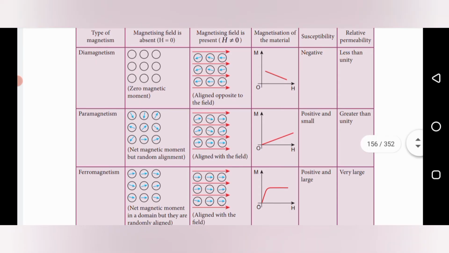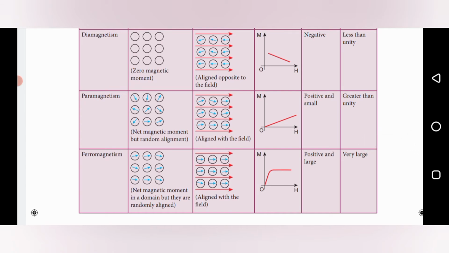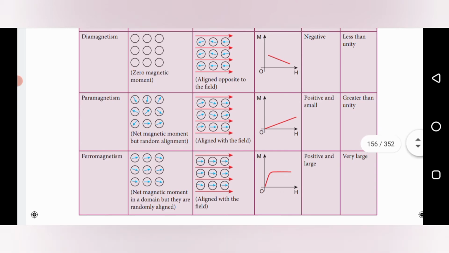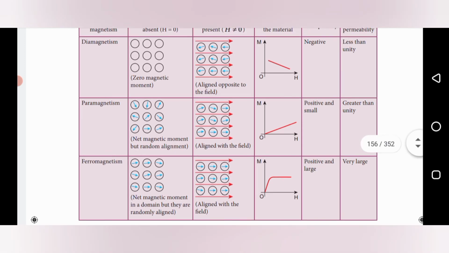And ferromagnetism is one of the powerful magnets. The first property: when the magnetizing field is 0, there is a net magnetic moment in a domain, that is a small area where electrons align themselves. It is one particular area. Here also the magnetic moments in a domain are aligned in the same direction, while the domains themselves are randomly oriented. When we apply the magnetizing field, the domains align strongly along the direction of the field. First the magnetization increases, as the graphical representation shows, and then it maintains the saturation region, the straight line.